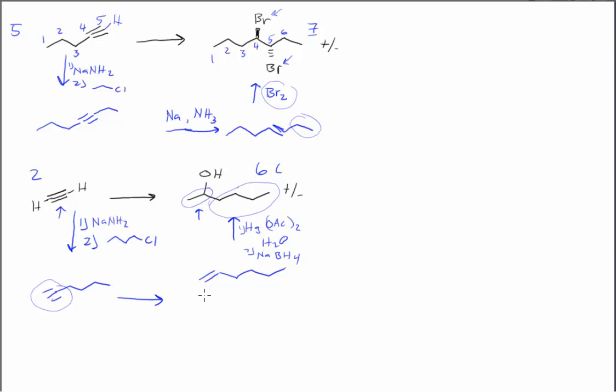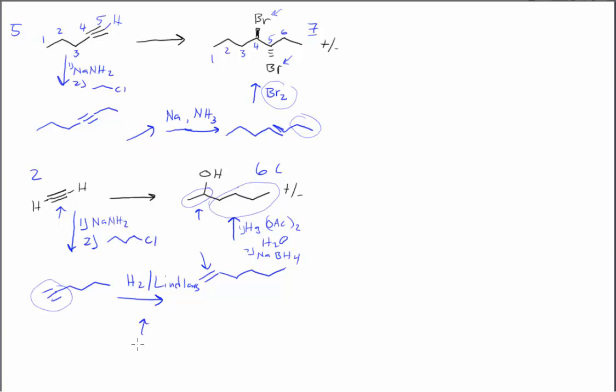How do I get to this alkene from my alkyne? Well, I could just use H2 and Lindlar's if I wanted to. That will give me the Z version, but there's no stereochemistry or stereoisomerism here with this alkene, so that doesn't matter. Or I could use the Na in ammonia, NH3, that I used to make the E version, whichever one you want, whichever is easier, essentially, if you're in the laboratory.